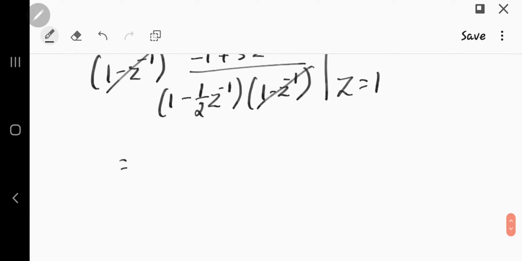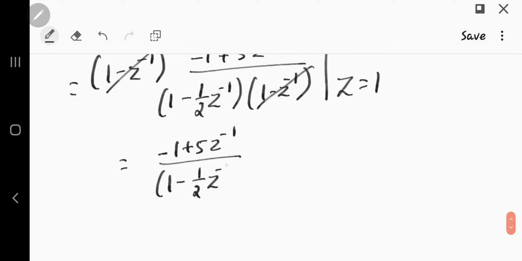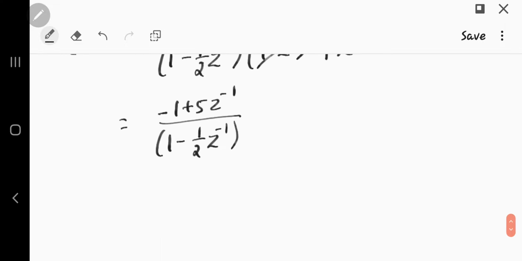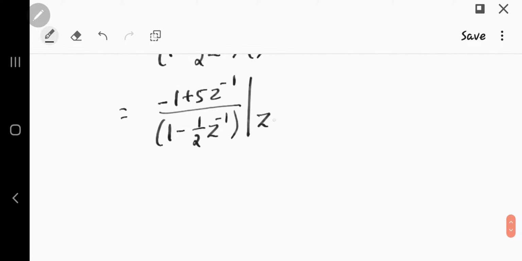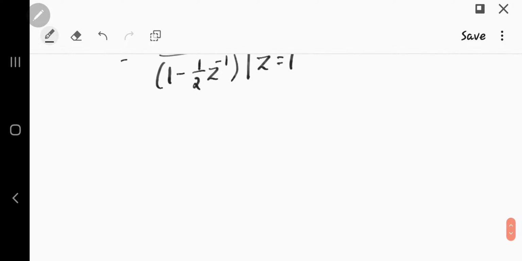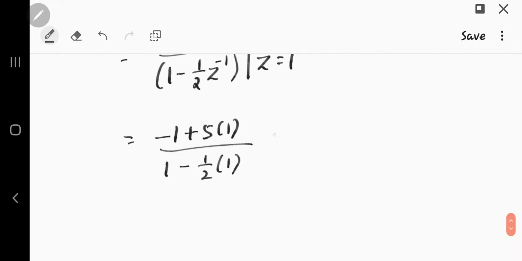We remain with minus 1 plus 5z inverse divided by 1 minus 1 by 2 z inverse, with z taking the value 1. Now if you substitute that value, minus 1 plus 5 into 1 divided by 1 minus 1 by 2 into 1.